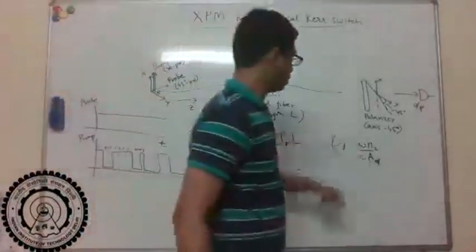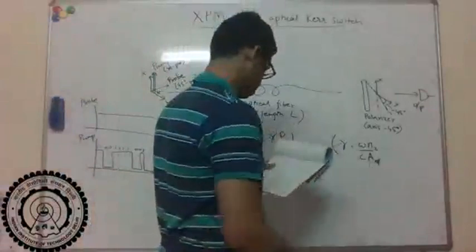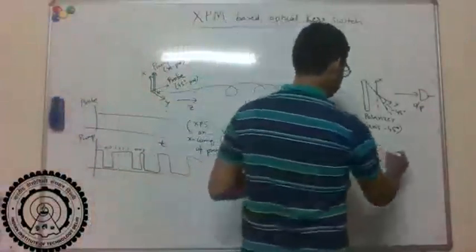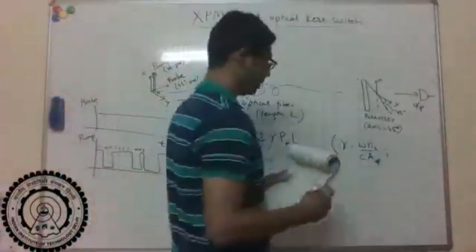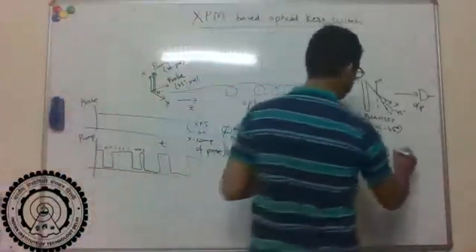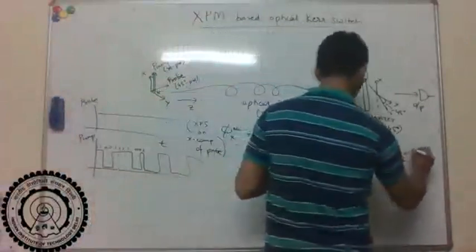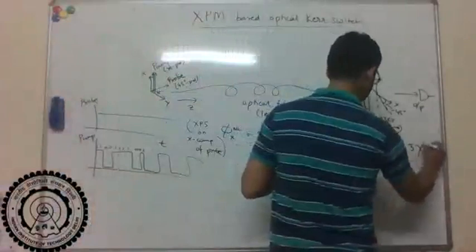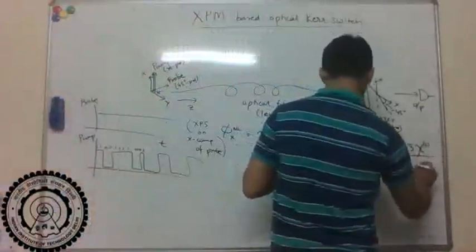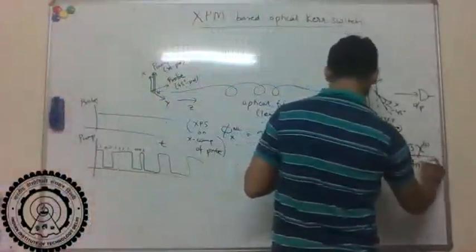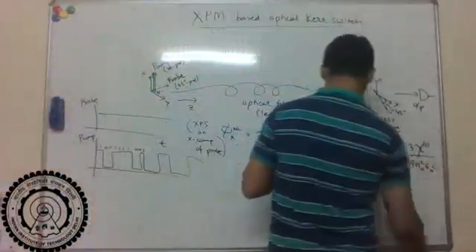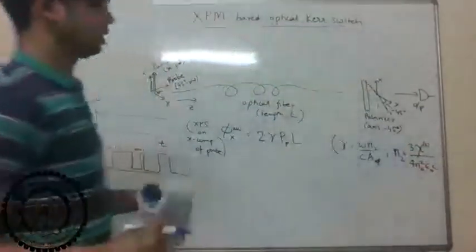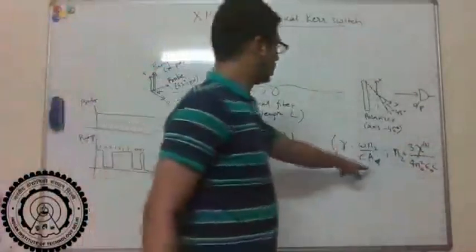And this n2 we know depends on chi3. If you recall, n2 is given by 3 times chi3, divided by some constants.